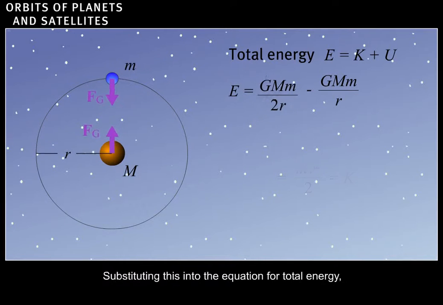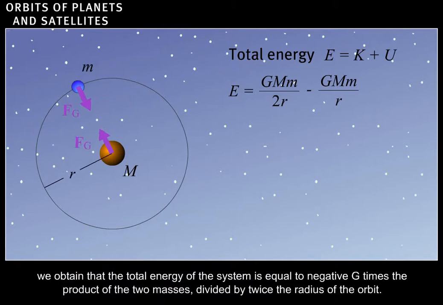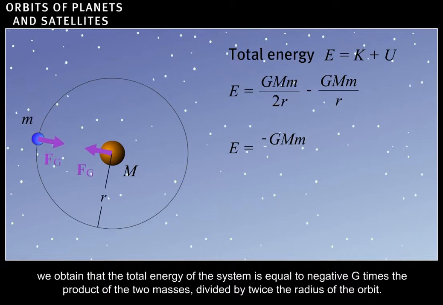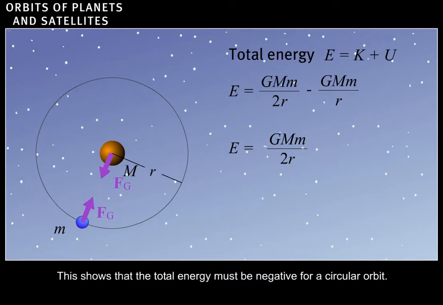Substituting this into the equation for total energy, we obtain that the total energy of the system is equal to negative G times the product of the two masses divided by twice the radius of the orbit. This shows that the total energy must be negative for a circular orbit.